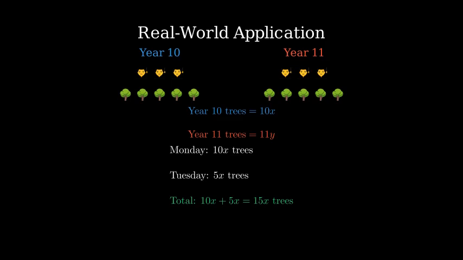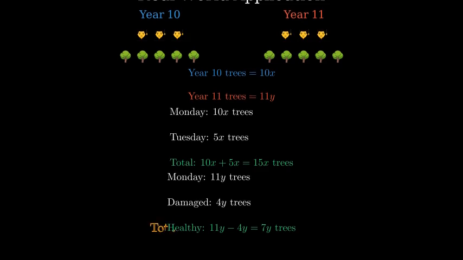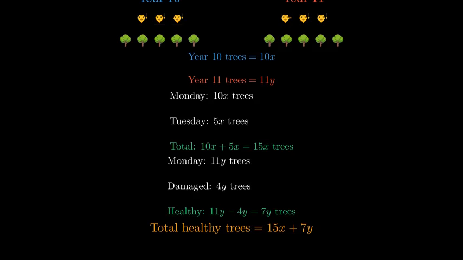If year 11 planted 11y trees on Monday, but then 4y trees were damaged in a storm, the final count of healthy trees planted by year 11 is 11y minus 4y, which equals 7y trees. The total number of healthy trees planted by both year levels is 15x plus 7y trees.